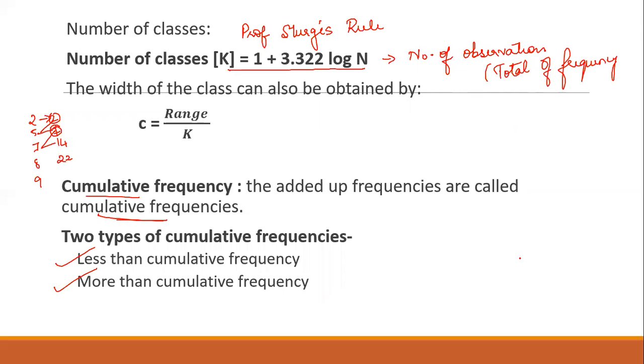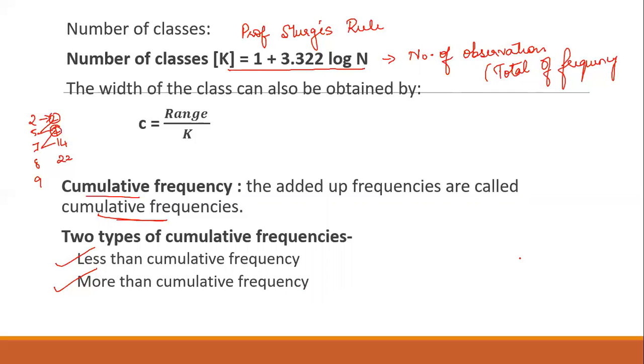Okay, for the number of classes, here you have to remember the formula, that is k is equal to 1 plus 3.322 log N. When you work out the problem, you can easily understand where you have to find the number of classes. When you say cumulative frequency, you add up the frequencies one after another. It is not continuous, it is a procedural calculation, adding up the frequencies. There are two types of cumulative frequency, less than and more than.